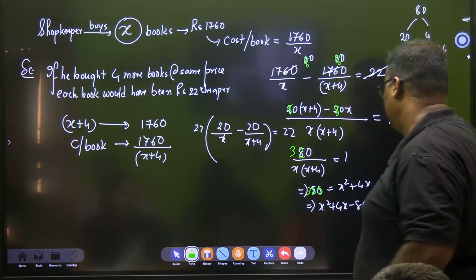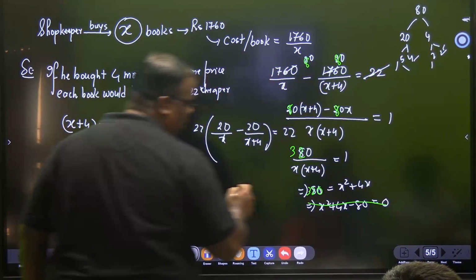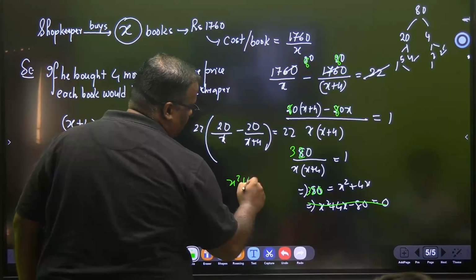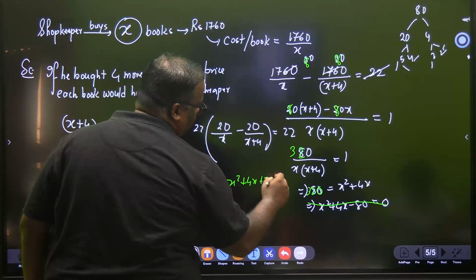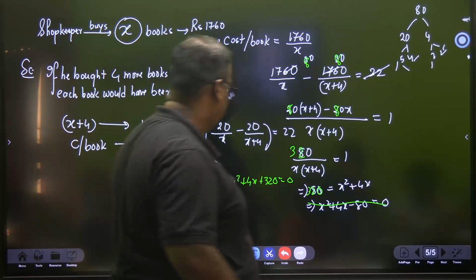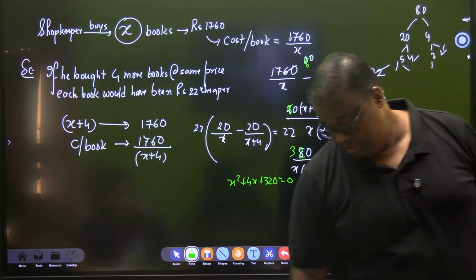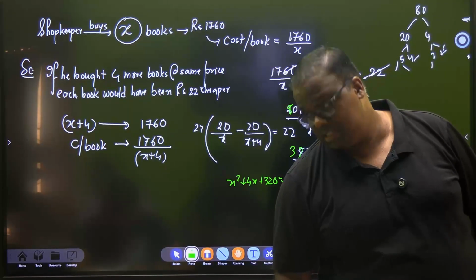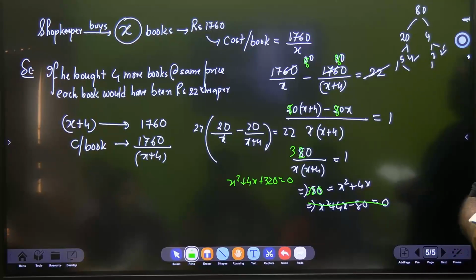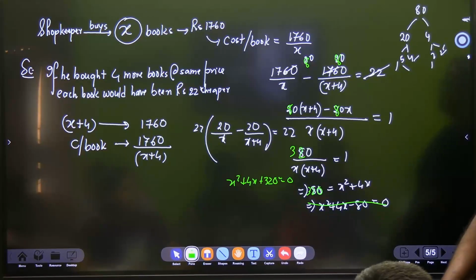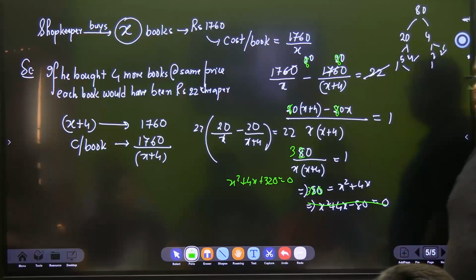Now it is possible. Yeah. So your equation finally becomes how much? x square plus 4x plus 320 is equal to 0. Now you can solve. What are the values of x you got? 16 and minus 20. Minus 20 you cannot have it because it is... Huh? 16 would be negative.